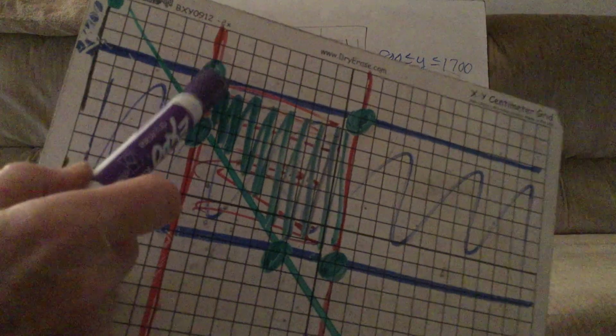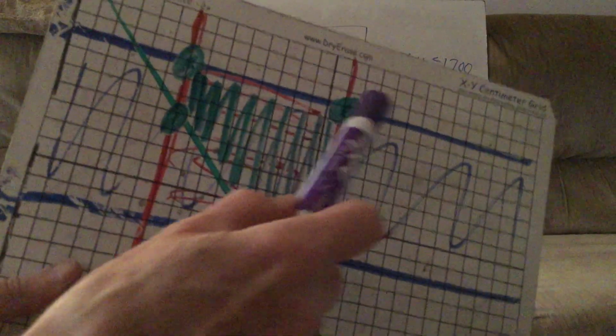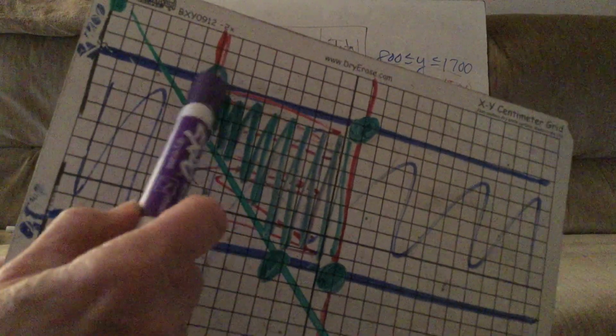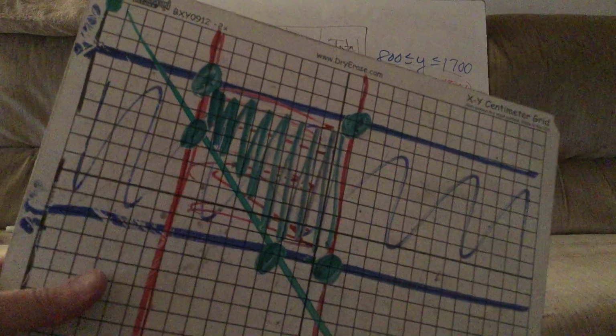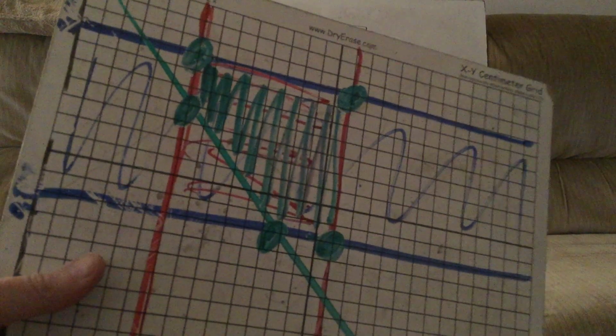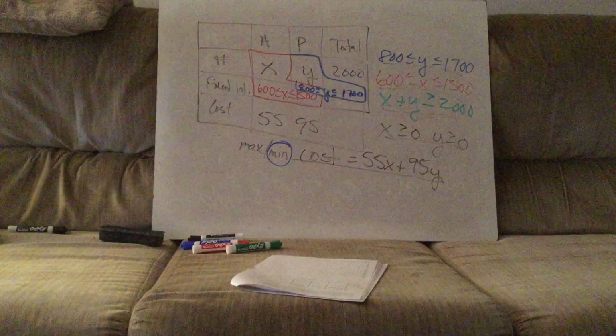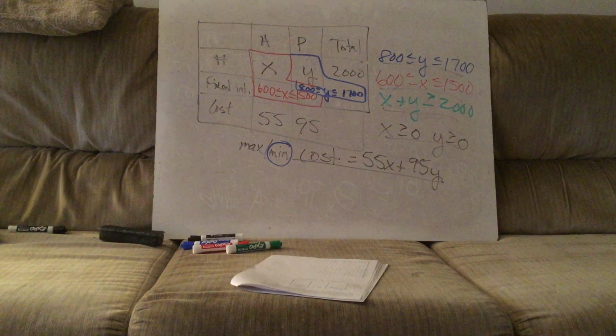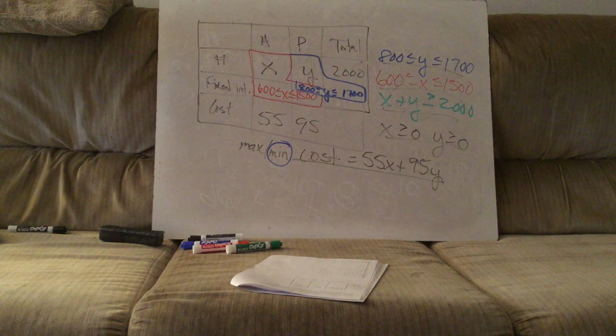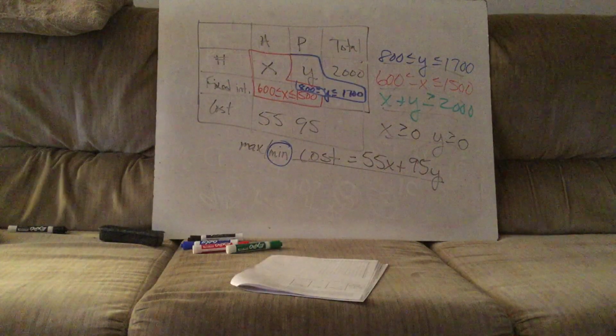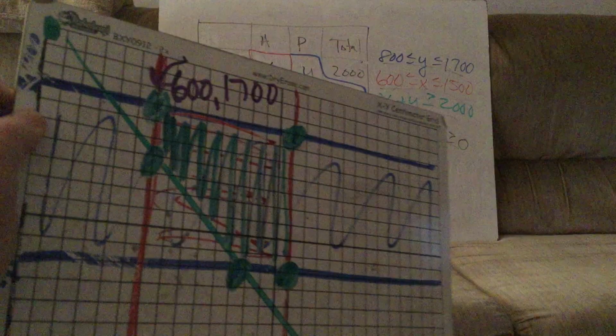It's on the corner of the top blue, which is 1700, and the first red, which is 600. So this is the point 600, 1700. That's this point right here.